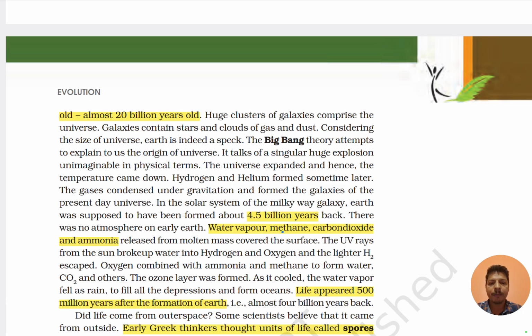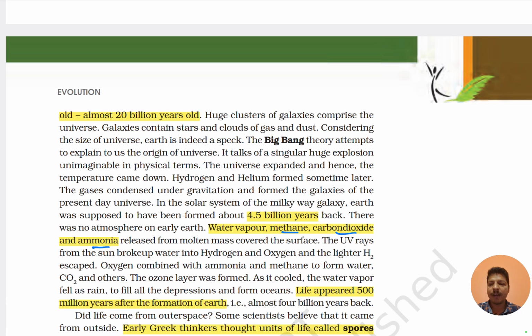Water vapor, methane, carbon dioxide and ammonia released from molten mass covered the surface. The UV rays from the sun broke up water into hydrogen and oxygen and the lighter hydrogen escaped. Oxygen combined with ammonia and methane to form water, carbon dioxide and others. The ozone layer was formed and as it cooled, the water vapor fell as rain to fill all the depressions and form oceans.